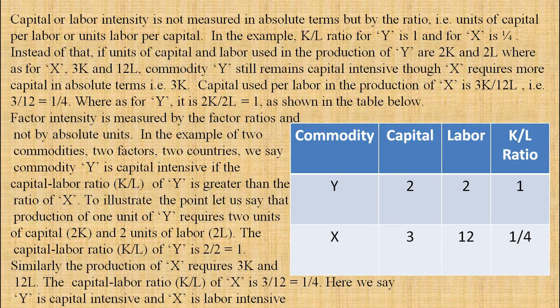The capital labor ratio is 2 by 2, that is 1. Similarly, the production of X requires 3K and 12L. So the capital labor ratio K/L of X is 3 by 12, that is 1 by 4. Here we say Y is capital intensive and X is labor intensive.